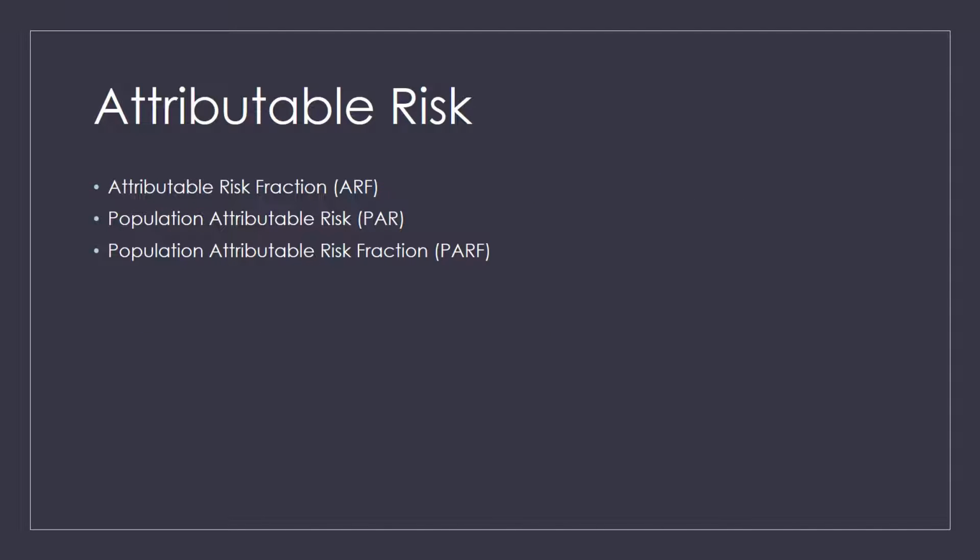So in order to talk about attributable risk, we're going to talk about three particular calculations today. We're going to talk about the attributable risk fraction, ARF, the population attributable risk, PAR, and the population attributable risk fraction, PARF. These are all related but a little different.